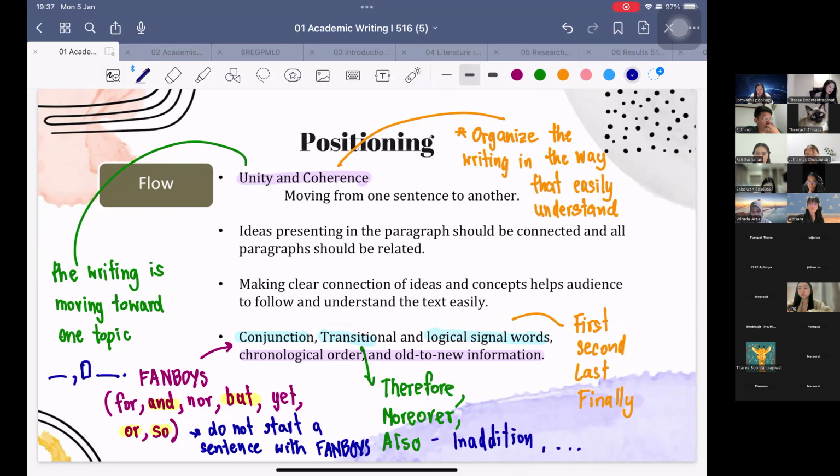So use these connectors, conjunctions, transitions, or logical signal words, appropriately to link your information. Try not to overuse them, especially transitions. Do not start all your sentences with transitions. That is overuse. Use them as appropriate, not too much.